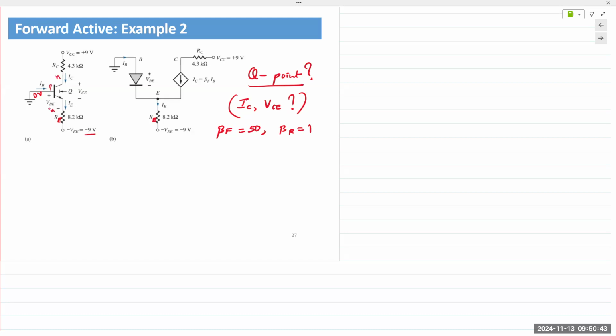For a PN junction to be forward bias, the P-type material must be at a higher voltage level than the N-type, which is true in this case. 0 is higher than -9. And so the base emitter junction is forward bias. And hence my assumption is active region of operation.